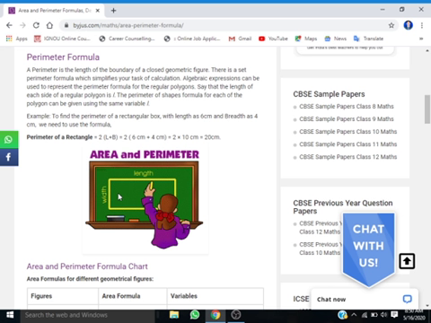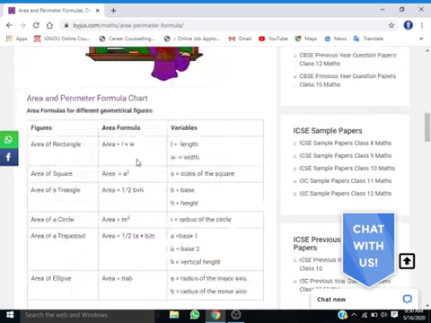So this is the final output. Area of rectangle equals length into breadth, multiplication of 2 dimensions; area of a square, side square; area of triangle, 1/2 base into height.